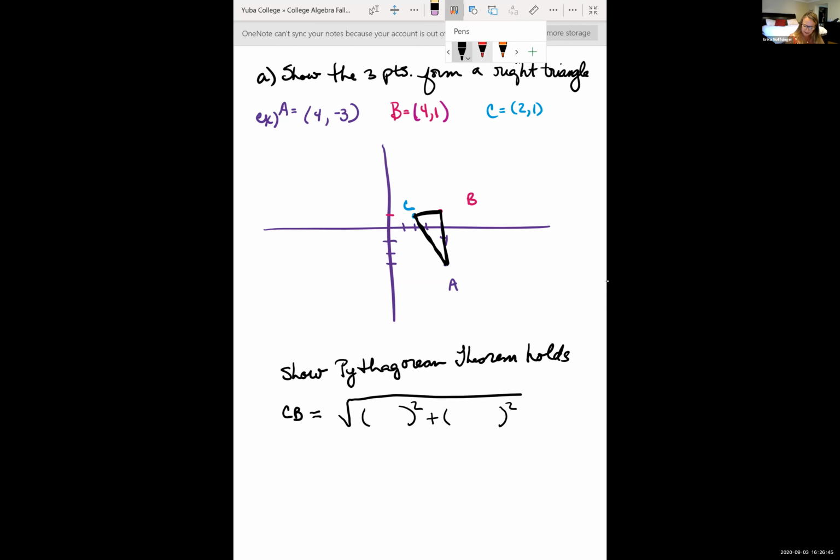So I have 4 minus my x value of the other one, which was 2, plus my y value, so 1 minus 1. So this is equal to the square root of 2 squared, which is 4, plus 1 minus 1 squared, which is 0. Square root of 4 is 2. So we know that this length in here is 2.